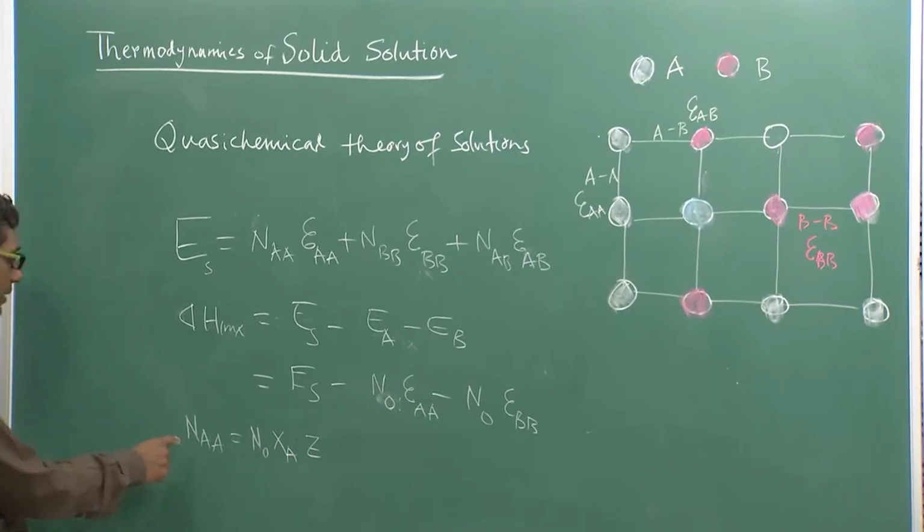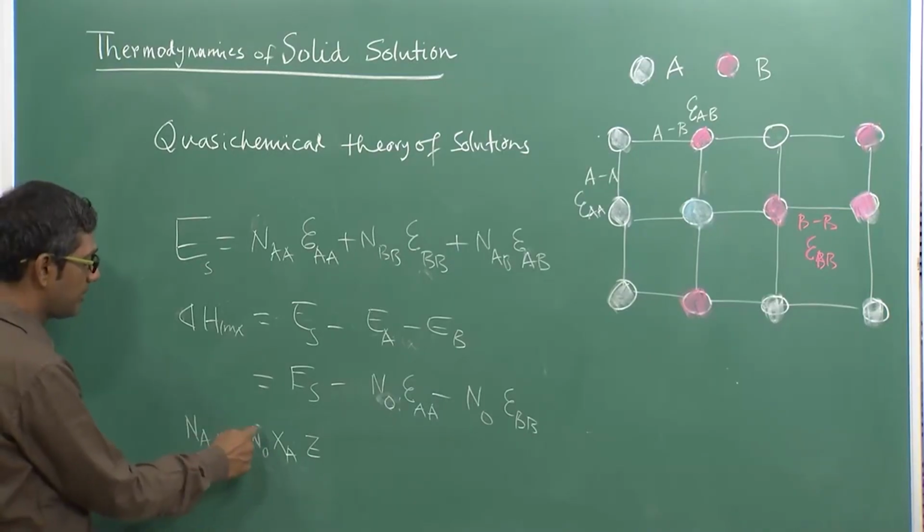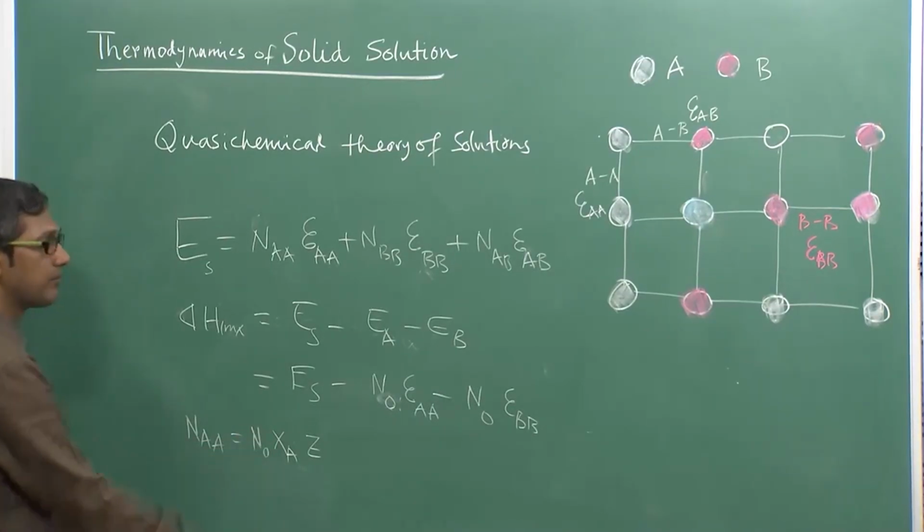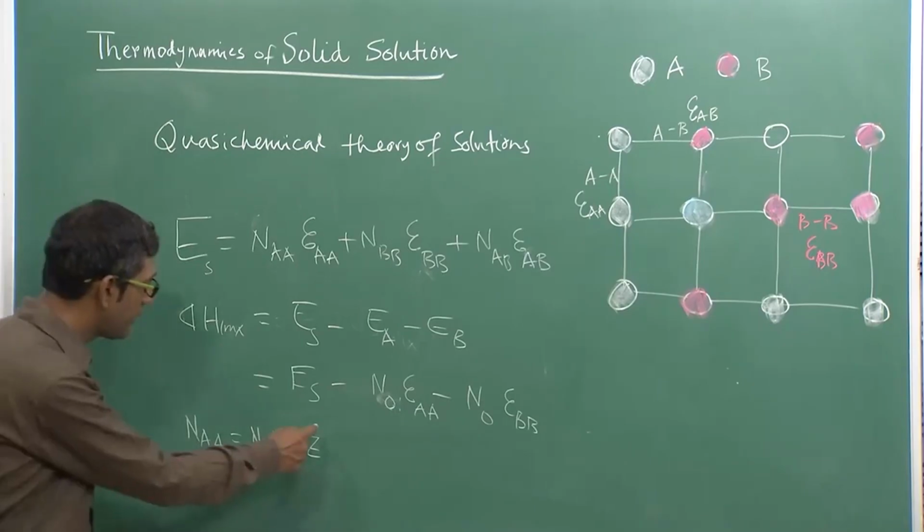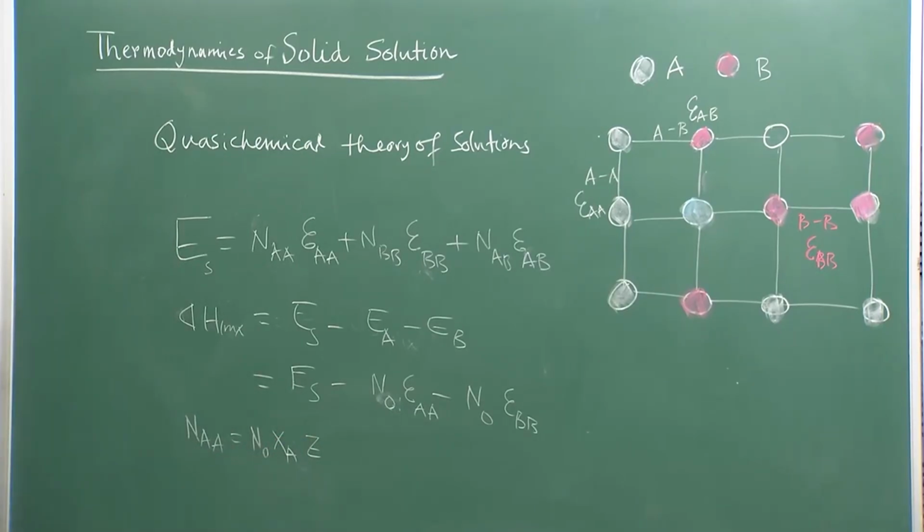So that means this is Avogadro number multiplied by the mole fraction of A multiplied by Z, where Z is the coordination number.